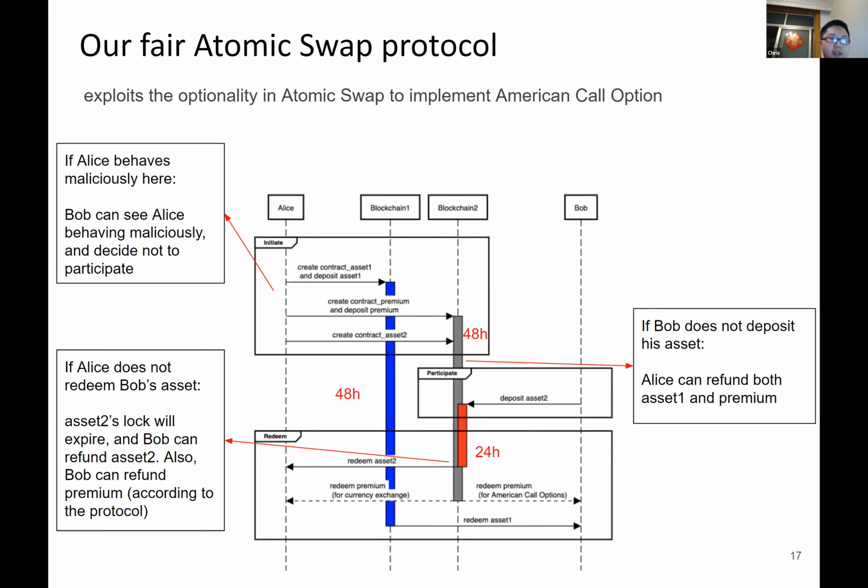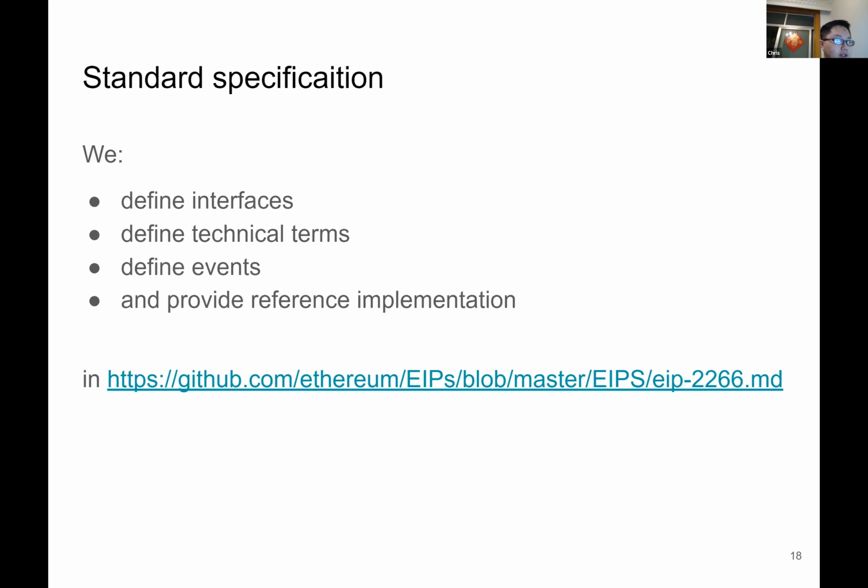This EIP is aimed at establishing a standard for the atomic swap protocol. We define the interfaces of our more fair version of atomic swap, and define some technical terms.